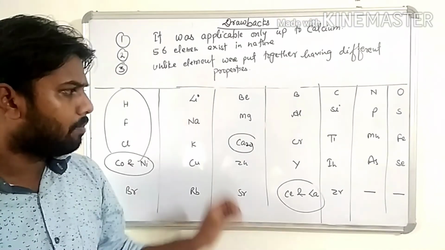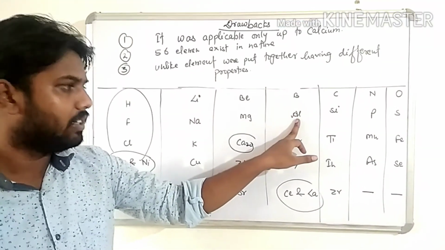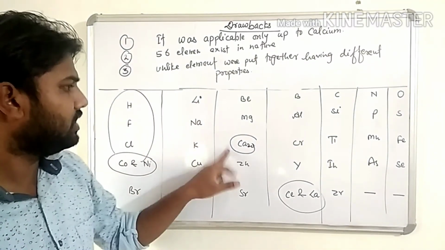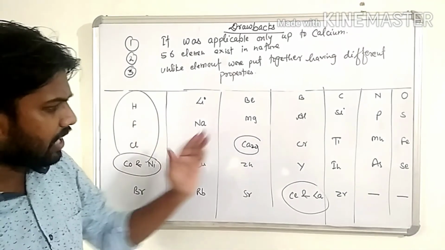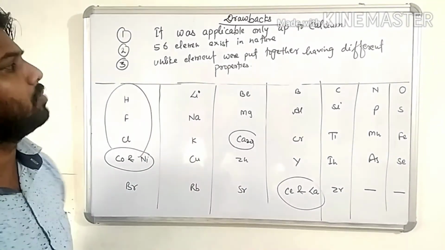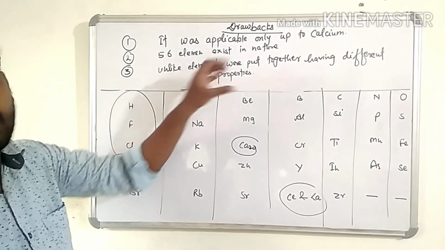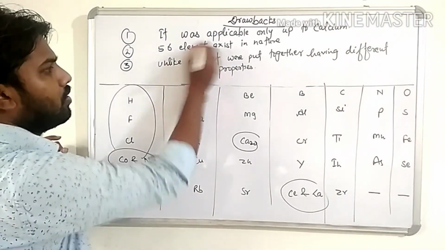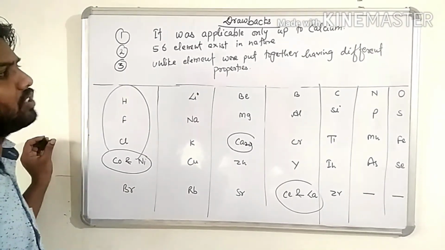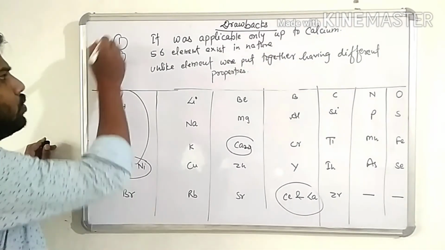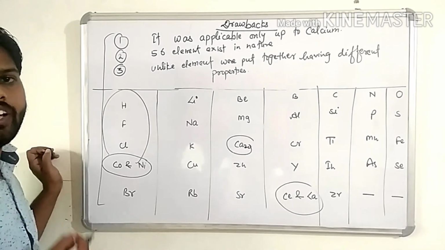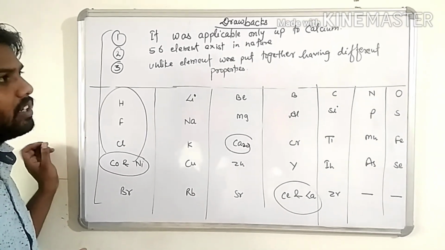But if we take aluminium as the first element, sa, re, ga, ma, pa, dha, ni, sa, in the same way after calcium the properties of the elements were not similar. Second, 56 elements were known and he stated that no more elements will be discovered in nature. Third is very easy, children. So we have now completed Dobereiner's triads and Newlands' law of octaves. Clear, children? Thank you.